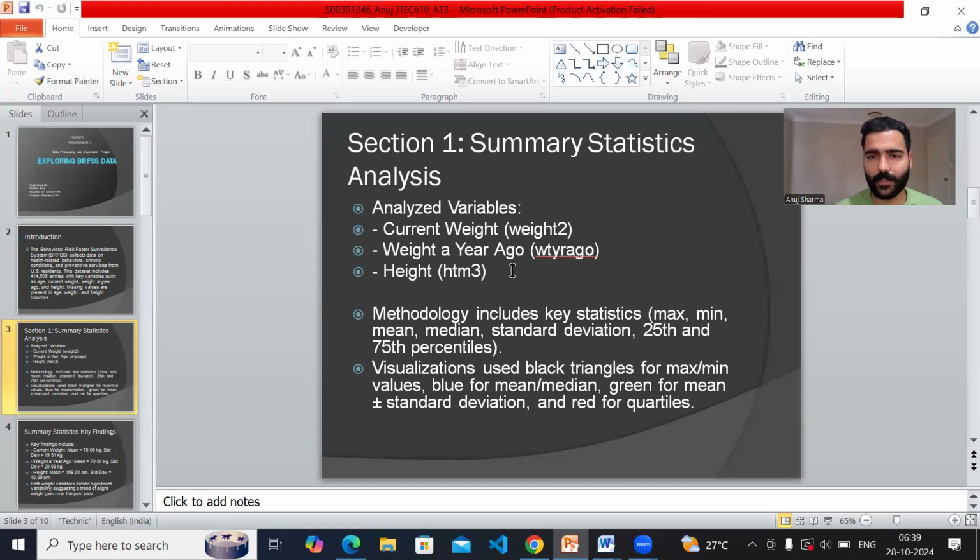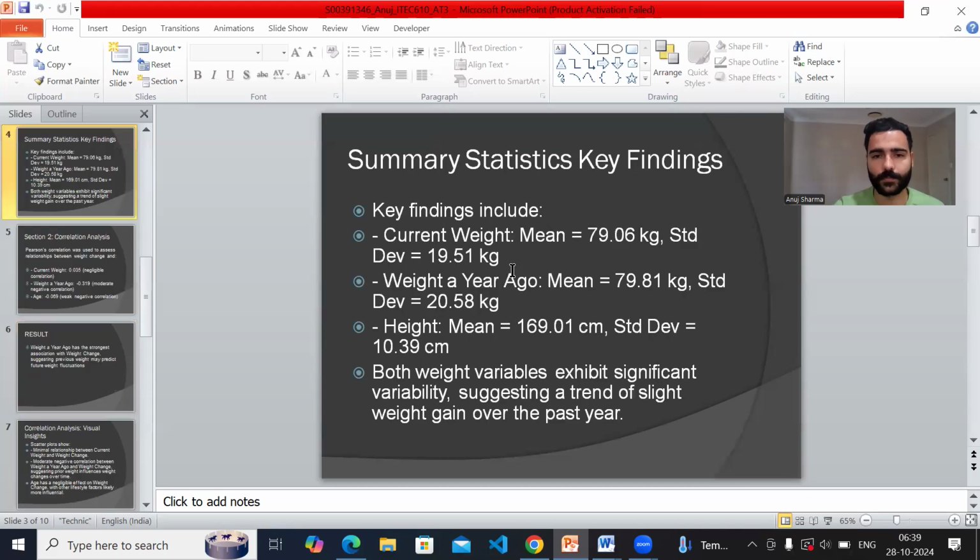The methodologies I used for these statistics include max, min, median, mean, standard deviation, and 25th and 75th percentiles. For the visualization and the markups over the graph, I used black triangles for max and min values, blue for median, green for mean and standard deviation, and red for quartiles, which are the 25th and 75th quartiles.